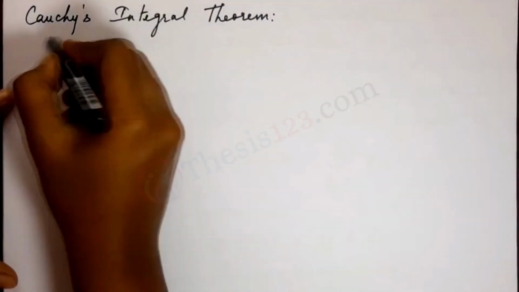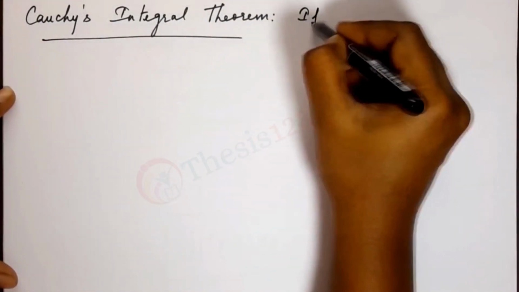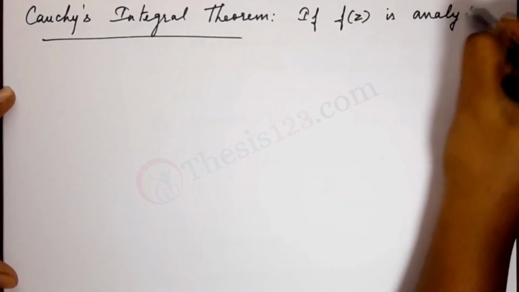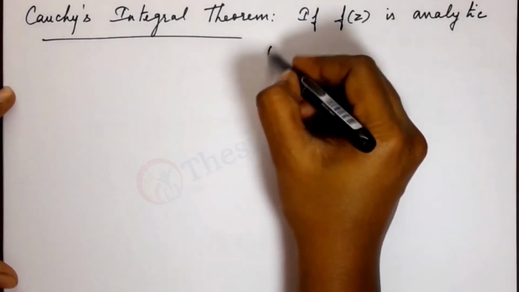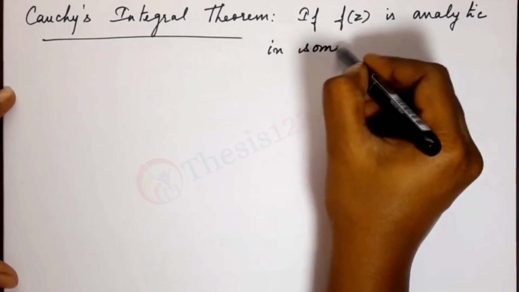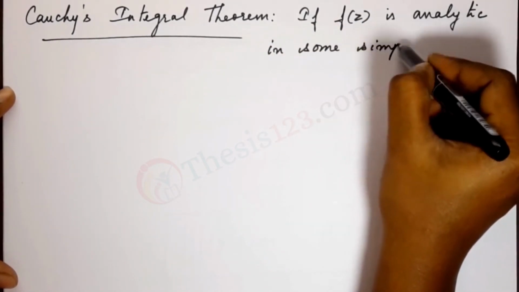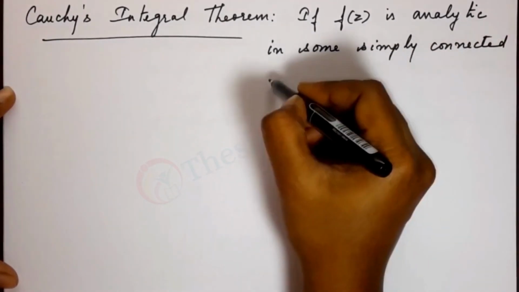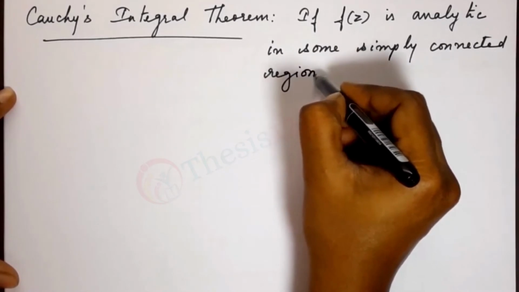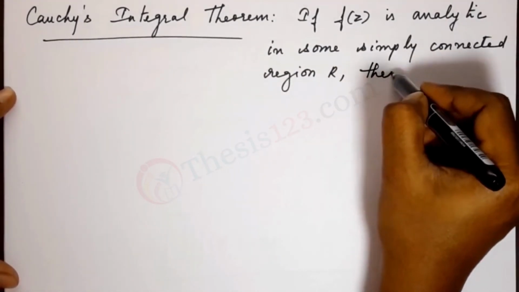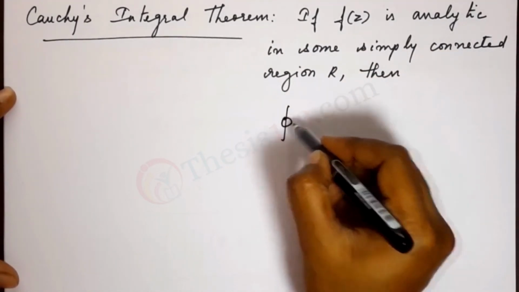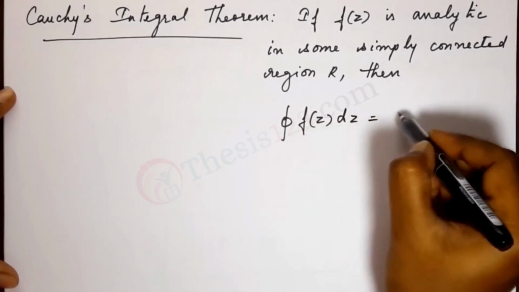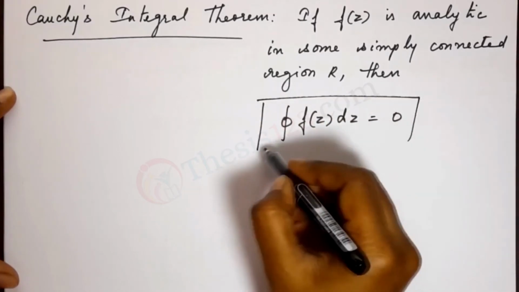Now the statement says, if a function f of z is analytic in some simply connected region, let's call that region R, then we have our equation, closed integral of f of z dz equals 0.